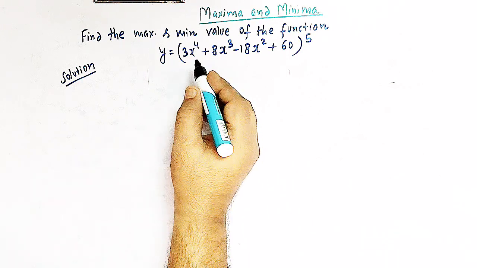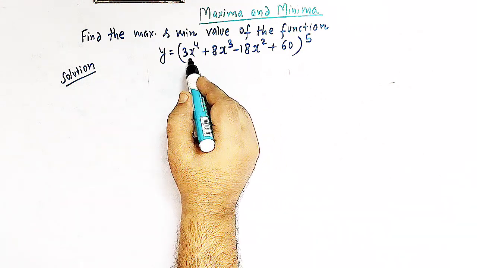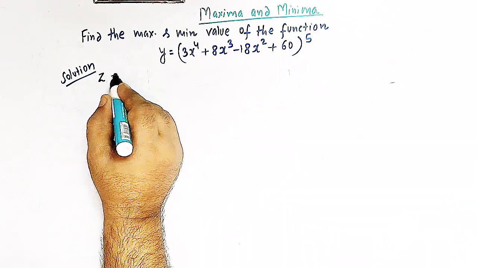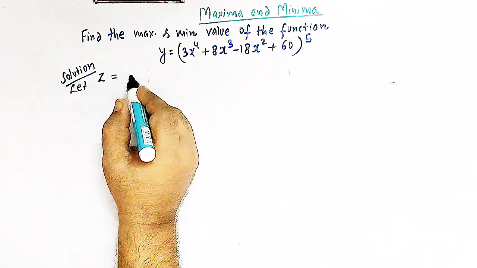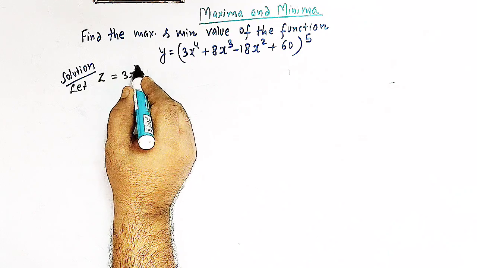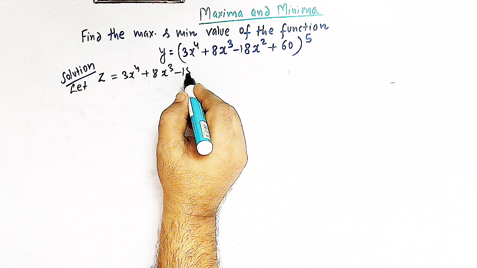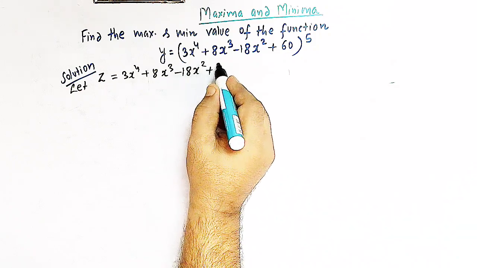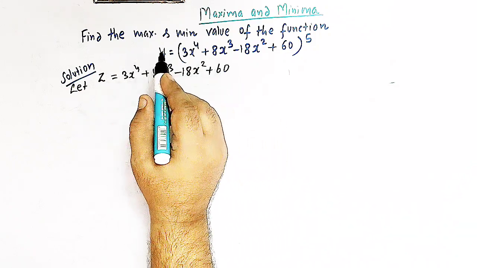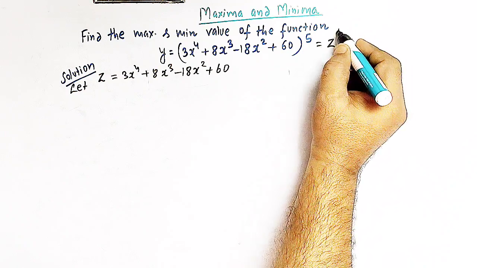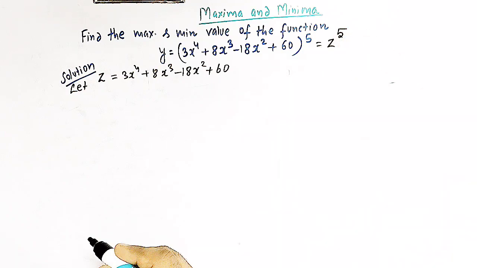So here let us first assume this polynomial as a function, say z. So we'll take z equal to 3x^4 + 8x^3 - 18x^2 + 60. Then this function y takes the form z^5.